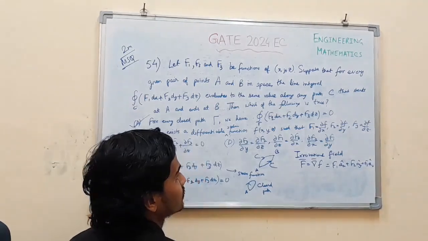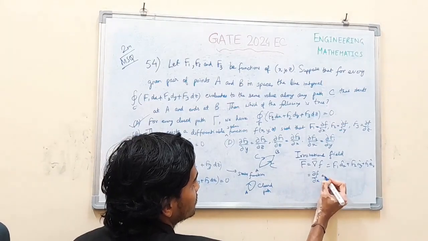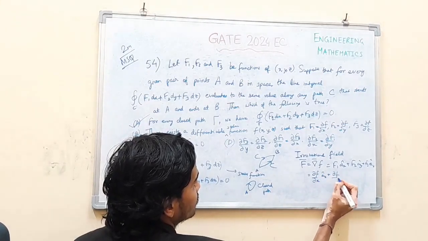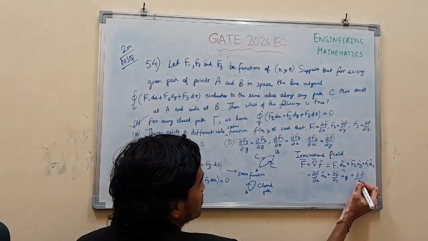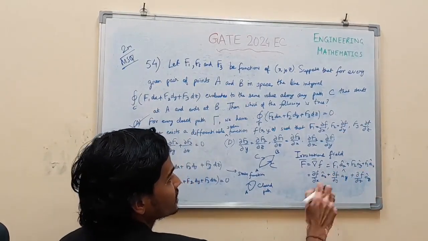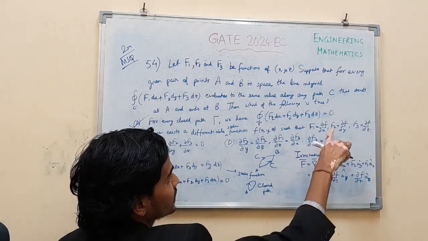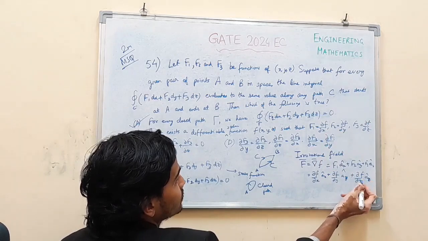So from here we get del f del x ax plus del f del y ay plus del f del z az. If we compare the coefficients, we get f1 equal to del f del x, f2 equal to del f del y, and f3 equal to del f del z.